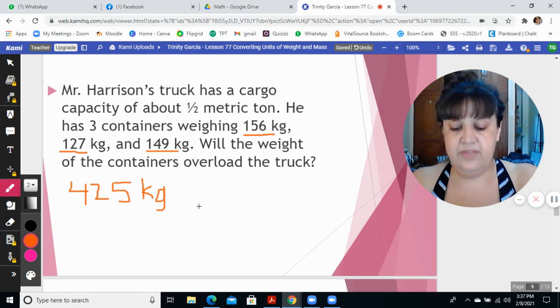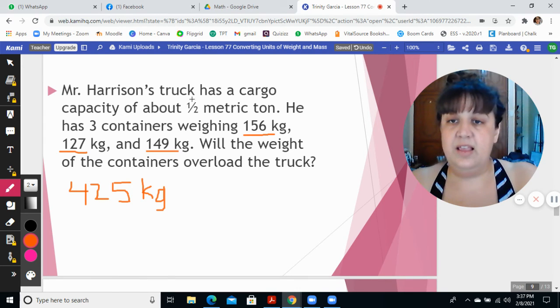If a half a metric ton is 500 kilograms, then is it going to overload it or not? Is it going to be okay? Well, 425 is under 500, so it's okay. The containers will not overload. Yay!